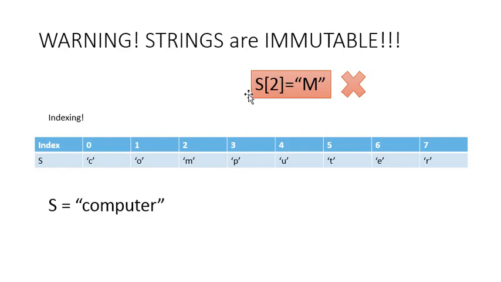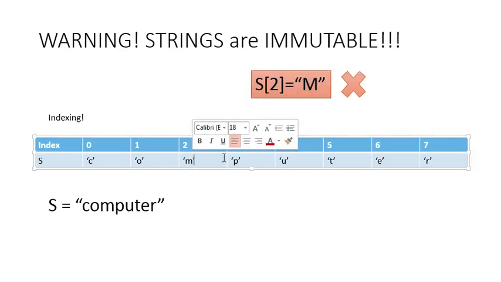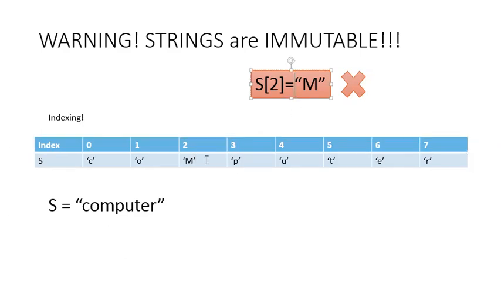So even though I can index and talk about position s[2] being m, I cannot assign or change the value. Let's suppose I wanted to change this little m here to a capital M. I cannot write a statement like that. I'm not allowed to do that, because by immutable we mean that the string, once it is defined, is effectively read-only, and its subparts can't be assigned by subindexing.